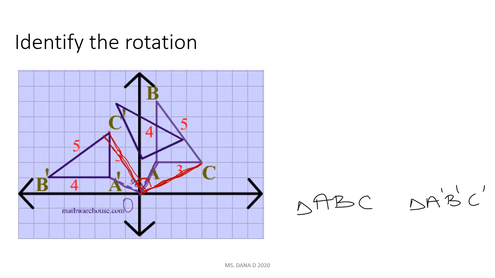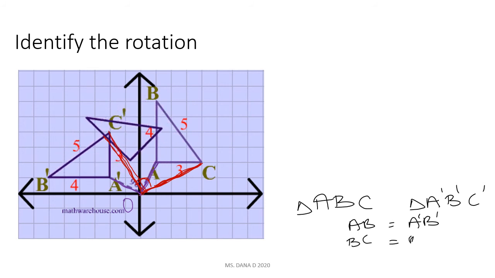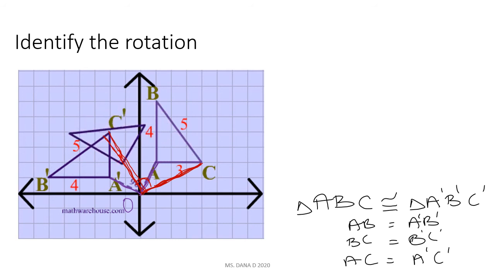If you have noticed the length of each, I will find that AB is equal to A prime B prime, BC is equal to B prime C prime, AC is equal to A prime C prime. So these two triangles are congruent. And I'm sure that the angles are going to be congruent as well.